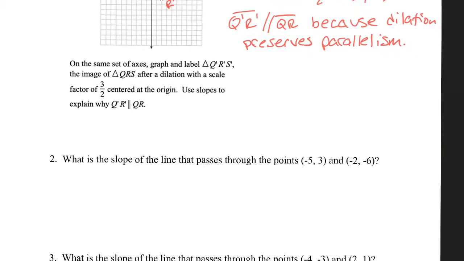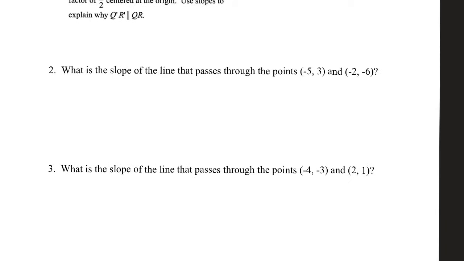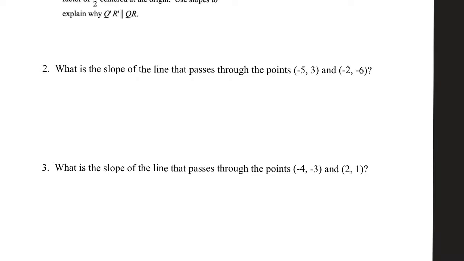All right, let's move on to number 2. Numbers 2 and 3 are dealing with a review of slopes, just to get you ready for the upcoming lessons that we're going to have. So what is the slope of the line that passes through those 2 points? Well, this one is just straight up slope formula.